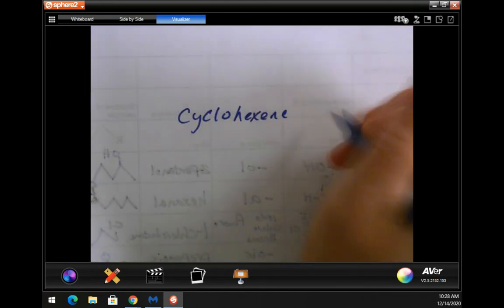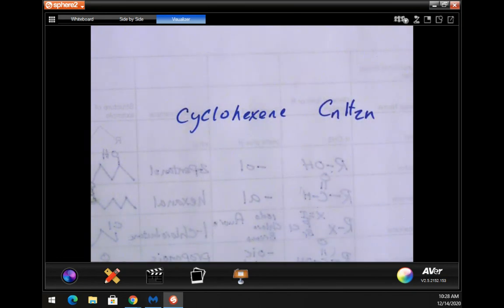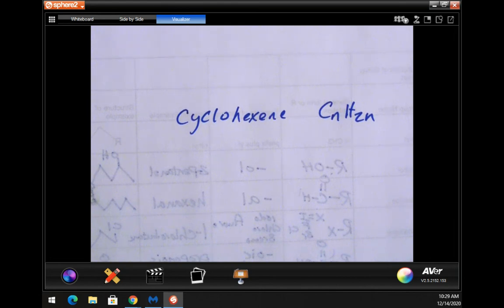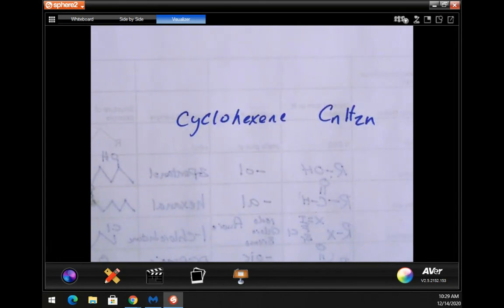The formula for cyclos is this. Because you lost those 2 hydrogens. You gained the 2 electrons. Okay. But yeah, it does work if there's no other functional groups.